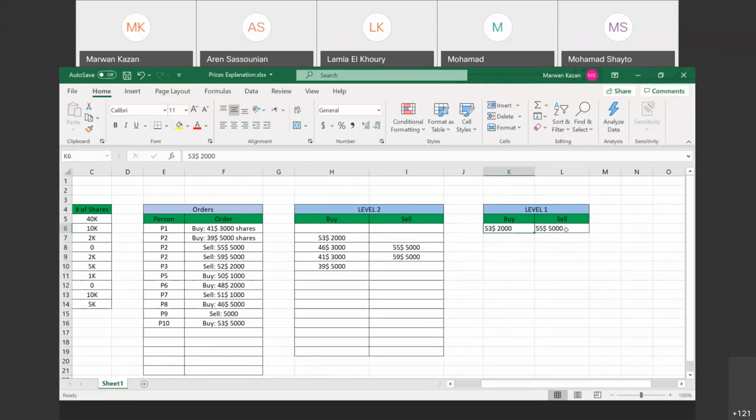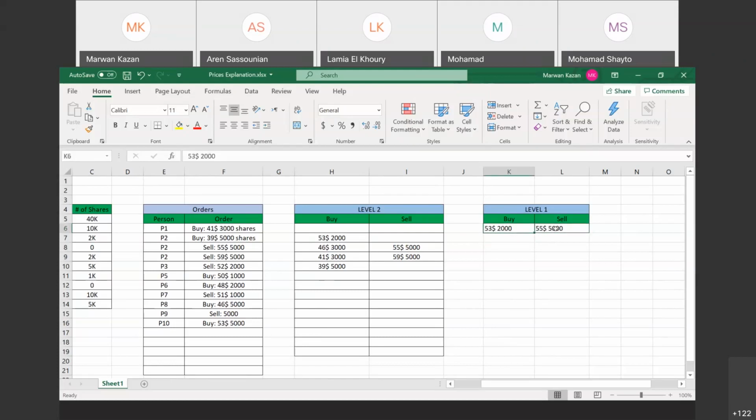So imagine, guys, that you bought at 55 now, and in the same second you decide to sell. You're going to sell it at 53. So you lose $2 over here.